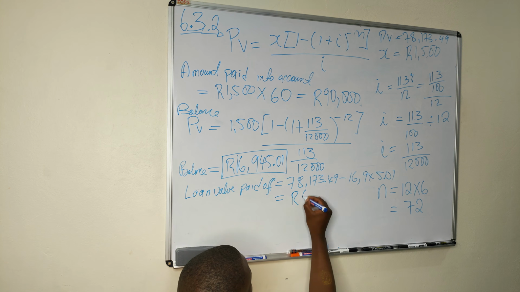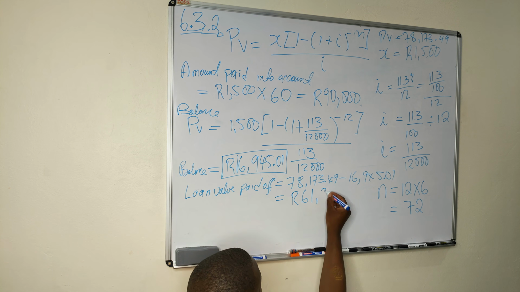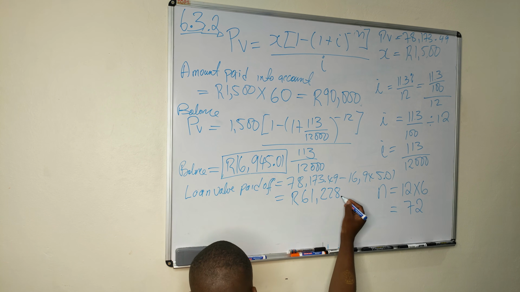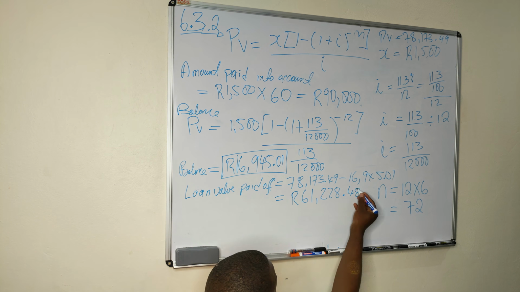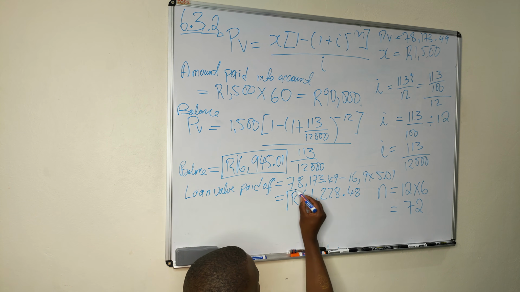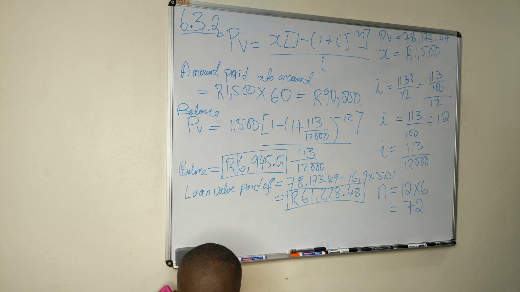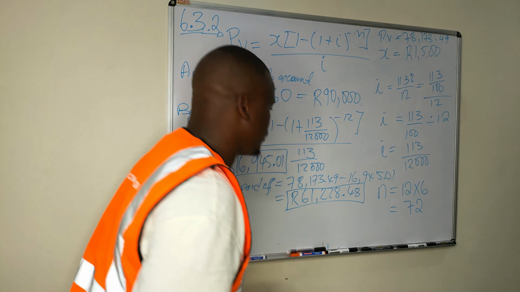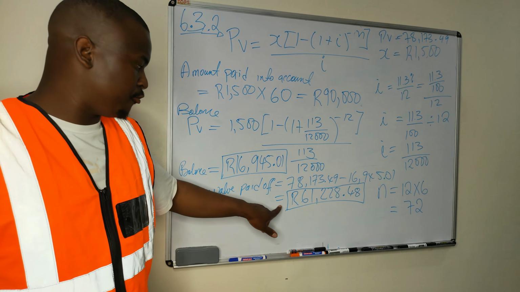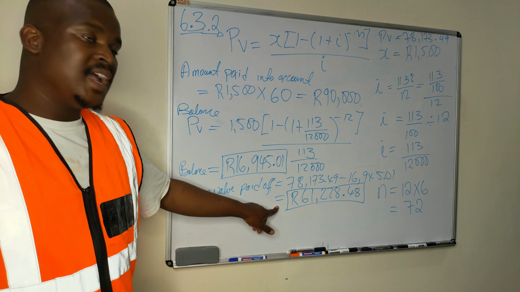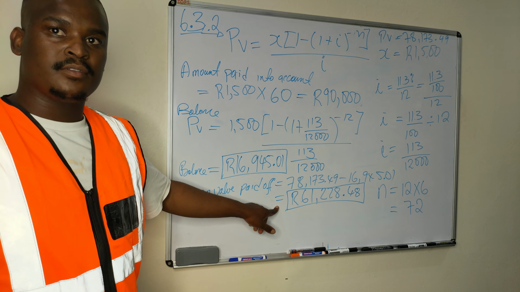This will be 61,228 rands 48 cents. So this is the actual amount of loan that has been paid off at the end of year number 5.